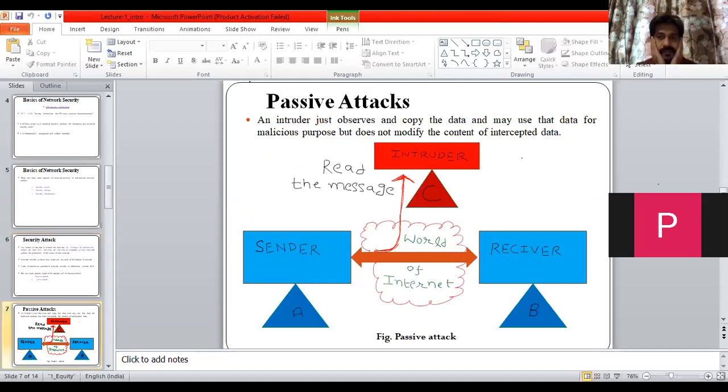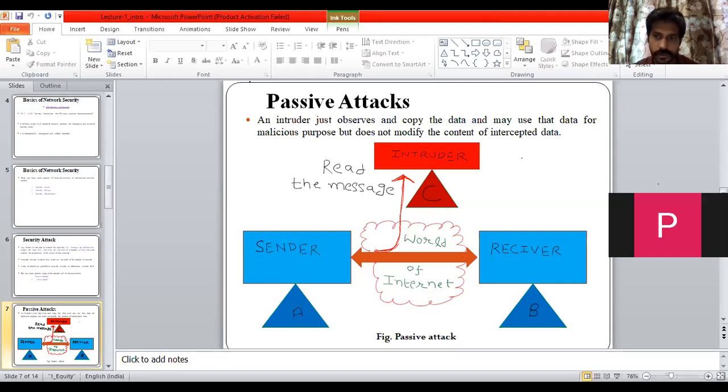I'm telling you again that I'm not reading out all the things, I'm just explaining whatever is written on the PPT. When you talk about the passive attack, any intruder will not alter the content. The intruder just reads the message.